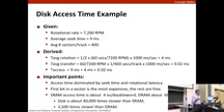That's huge. And it's about 2,500 times slower than DRAM. So there's a big gap between DRAM and SRAM, and there's an even bigger gap between disk and other memory types.